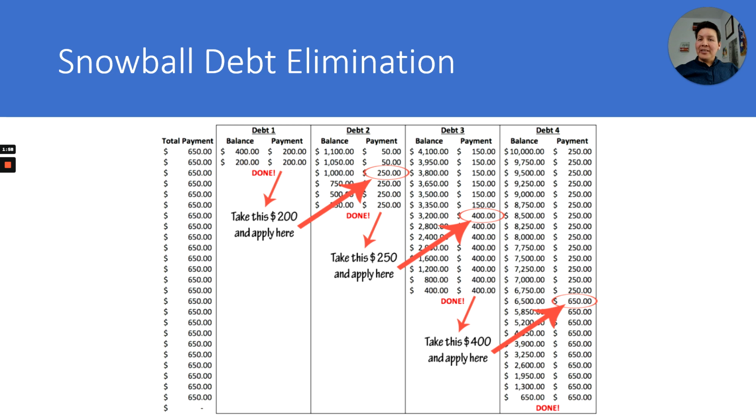Now this is just a temporary sacrifice, because the moment debt number 1 is paid off, the payment that would have otherwise gone to debt number 1 is rolled over to debt number 2. And in this example shown, you see that your payments for debt number 2 went from $50 to $250.